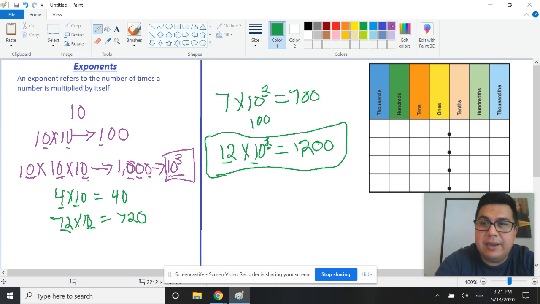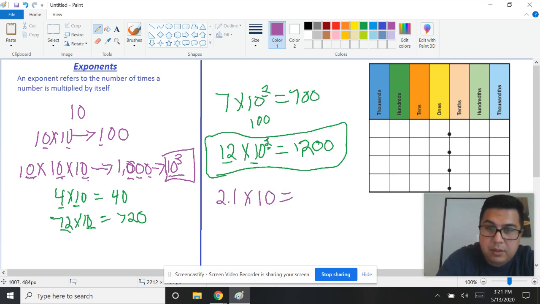So if we had 2.1 times 10, we know that this number, is it going to get bigger or smaller? Yeah, it's going to get bigger. The value is going to increase because we're multiplying. When we multiply, we get more. And so let's go ahead, and if we multiply it, we had this in here, we have 2.1.